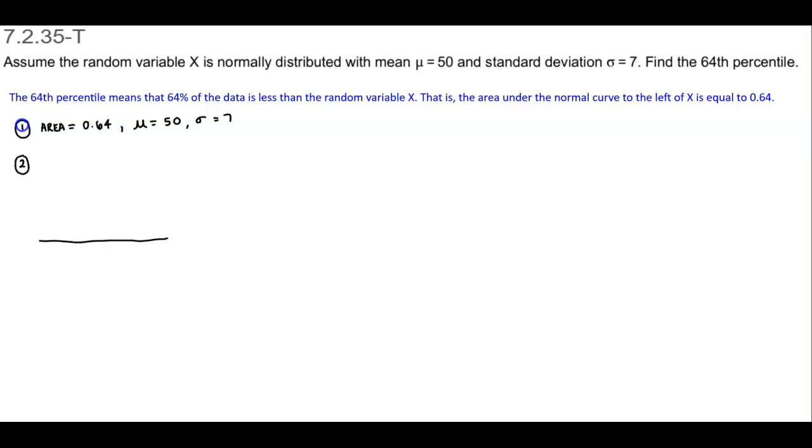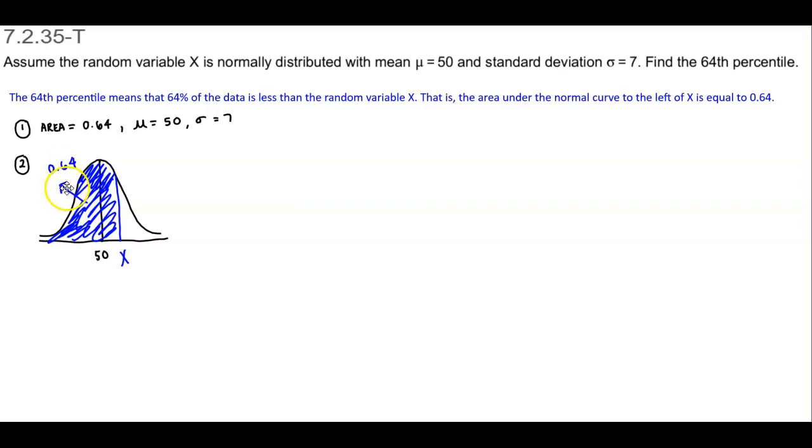If we have our normal curve, where we know that we have a mean of 50, we want to find a variable that is 64%, which means it's above the 50% line. We want to look for x, and we know the area to the left of this is 0.64.